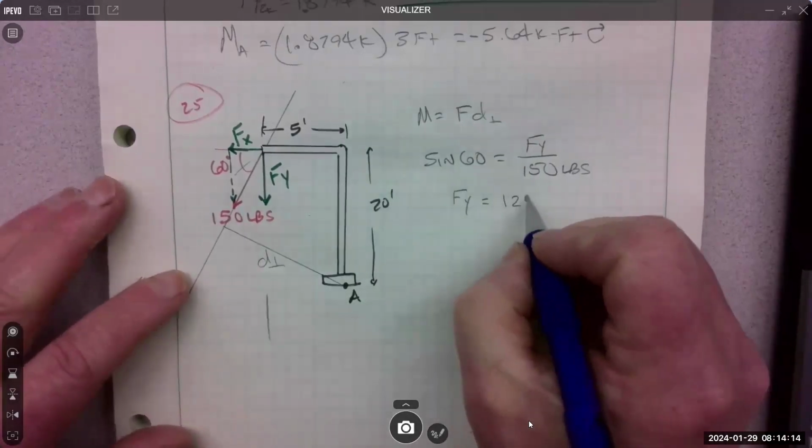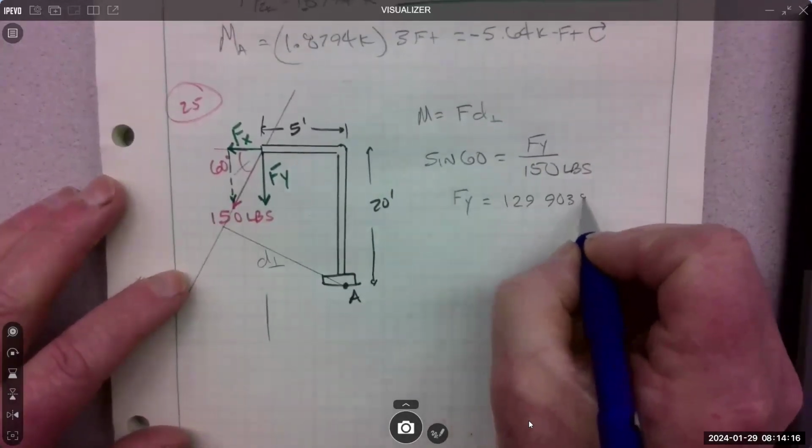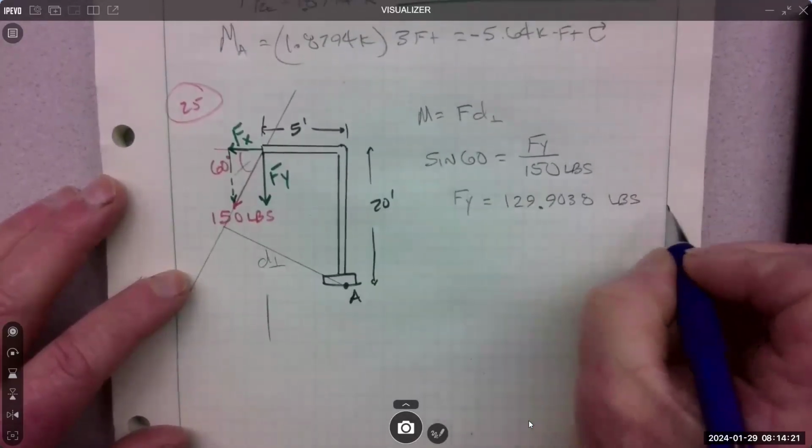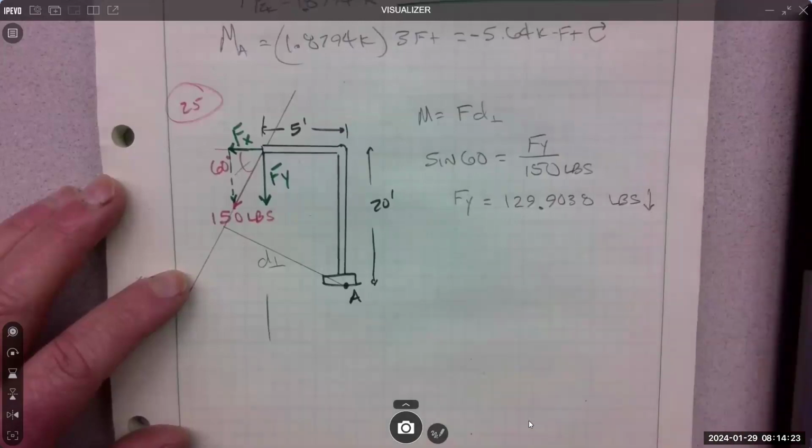129.9038 pounds. And that is pounds. That is going down.